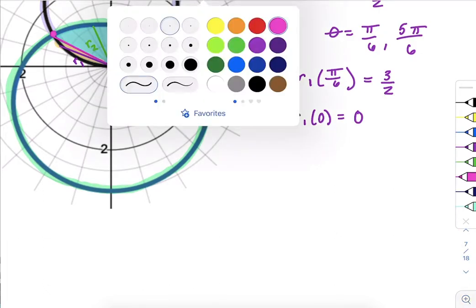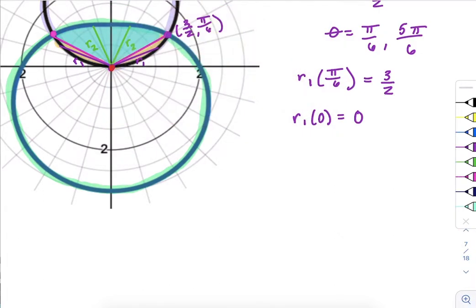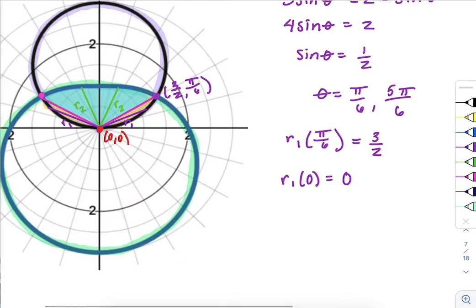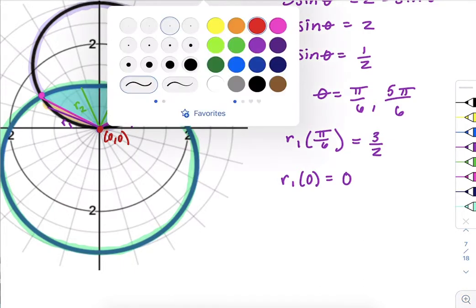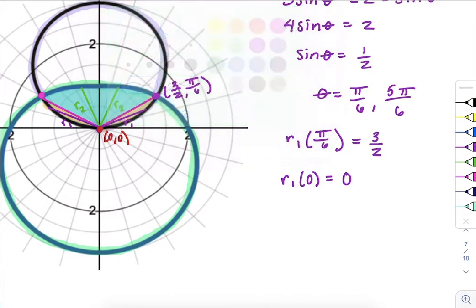We'll use red there. So this is the point 0, 0. If I plug in 0, I get 0 out, and then I want to know how long it takes me to get all the way back around to the edge of the curve. So for a circle like this, if I just want to test and make sure, I'll use, I don't know, green.